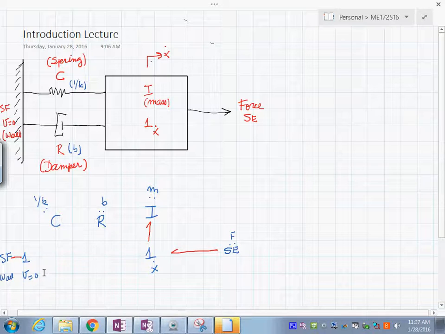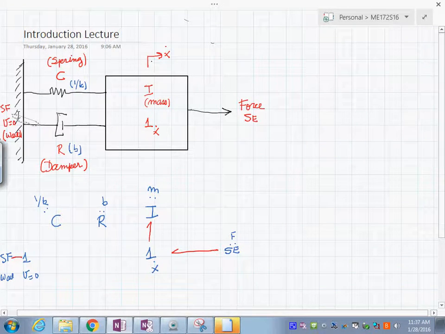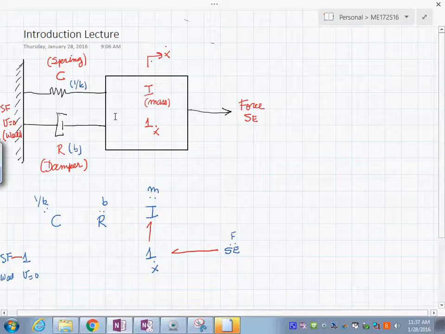But you see between the wall, this wall over here, and this other system, between the mass, we have these two elements.